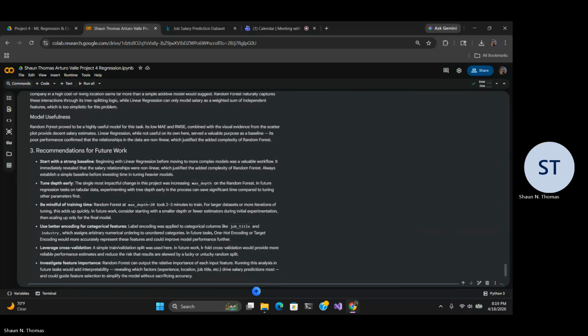So yeah, random forest was good to actually get the value that we're looking for. And then I guess also linear regression had the purpose of showing that our data set's actually complicated and we need a more complicated model.